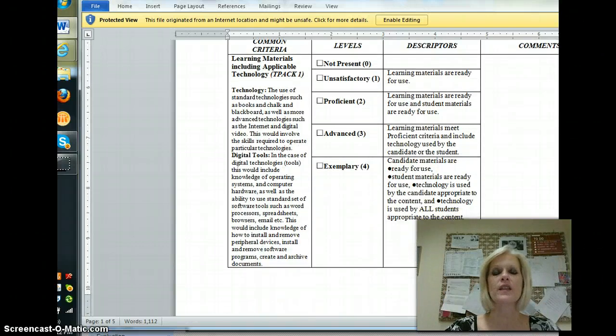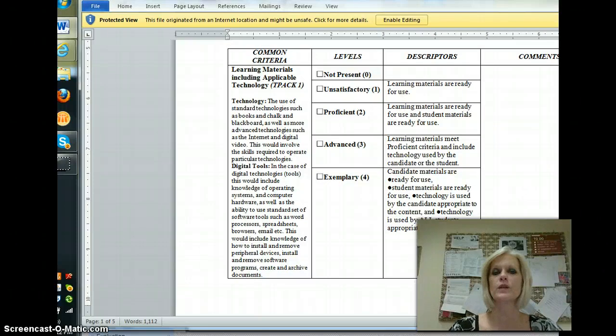The first area, the common criteria that we look at, is learning materials, including applicable technology. Technology, if you do use actual digital tools, needs to be something that's hands-on for the students. They're interacting with that as well, not just you putting the book on Elmo and reading the book off of Elmo.